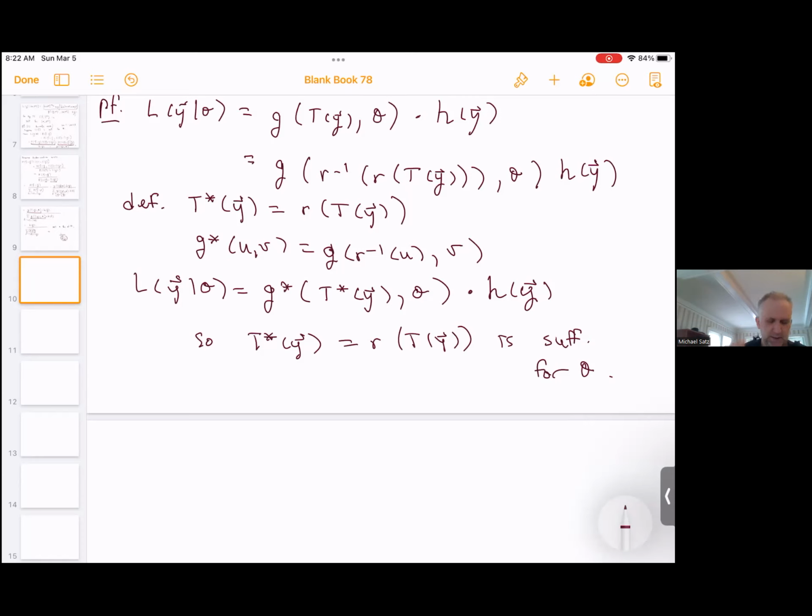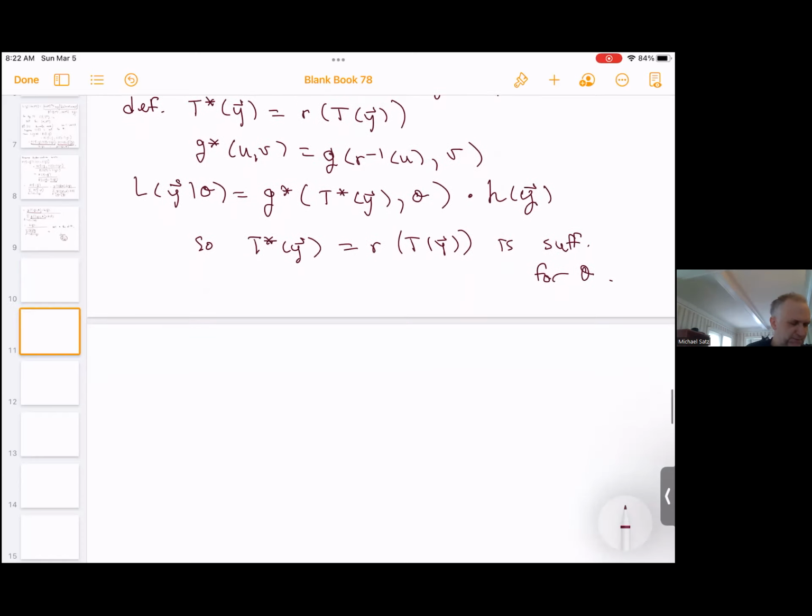So let's just write this down. Sufficient statistics contain all info in the sample relevant to the parameter. So if we can make it unbiased by taking a one-to-one function, okay, so we want to make sufficient statistics unbiased.